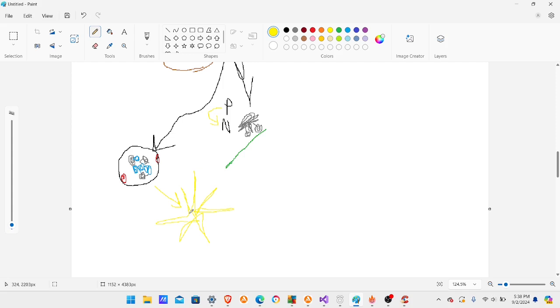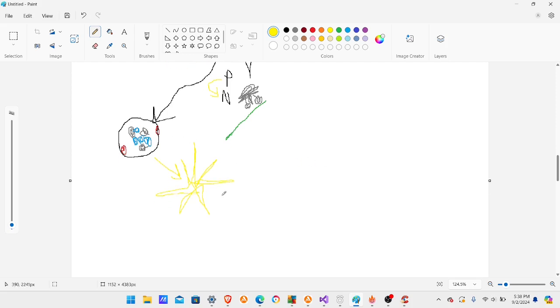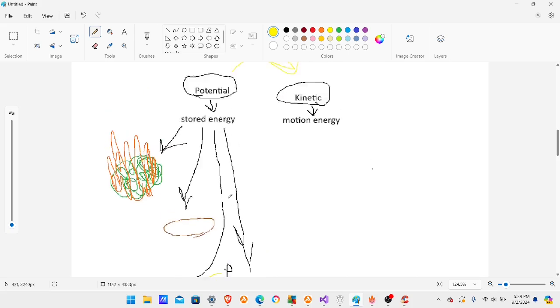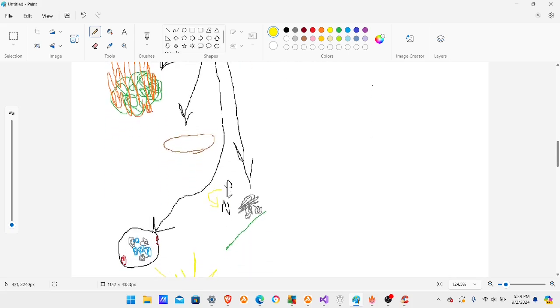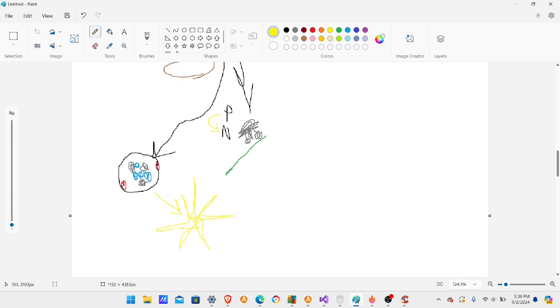So nuclear energy would be released if a nucleus was broken apart or two nuclei were fused together. That would be potential energy, nuclear energy.